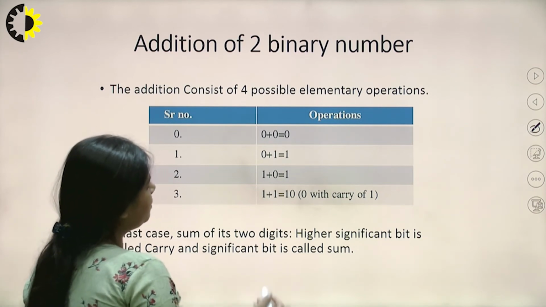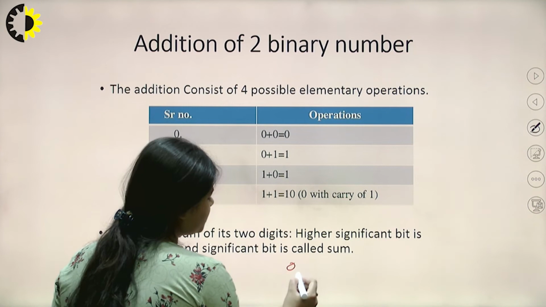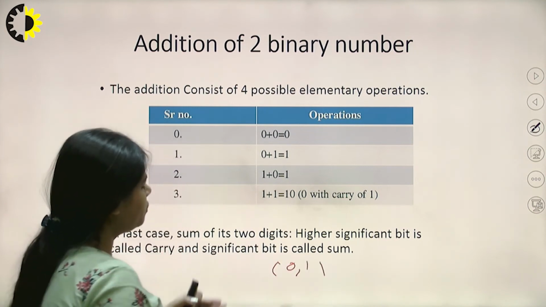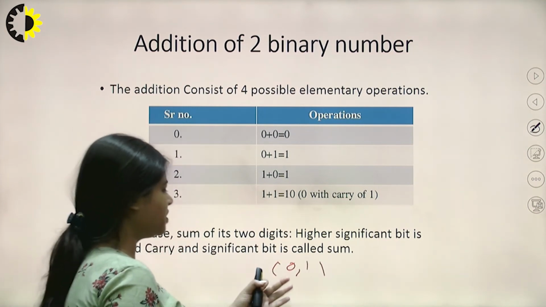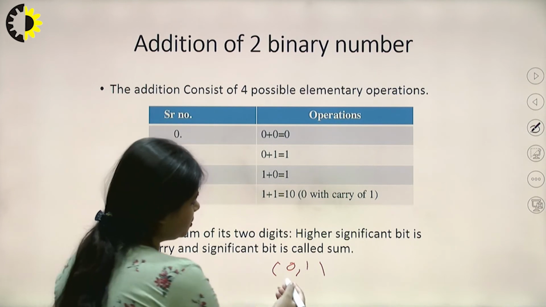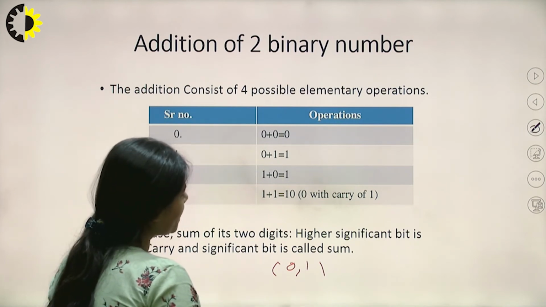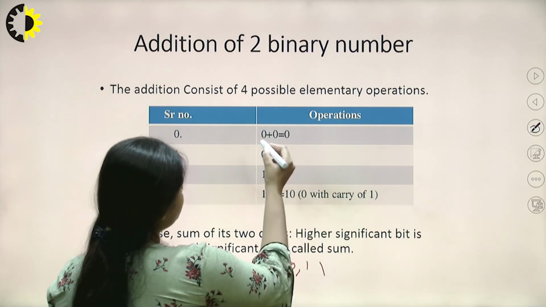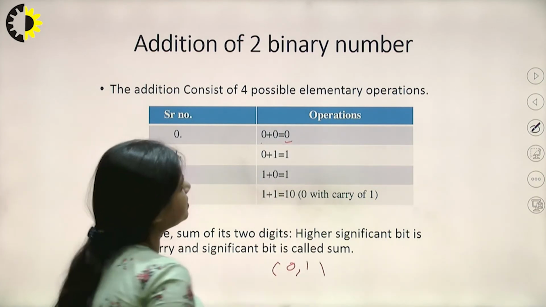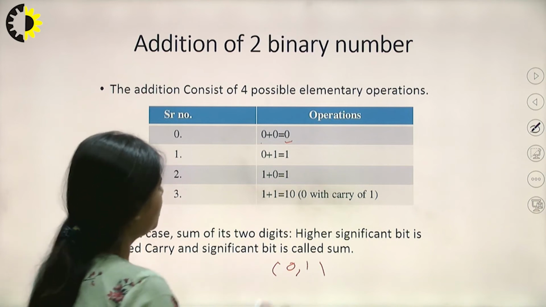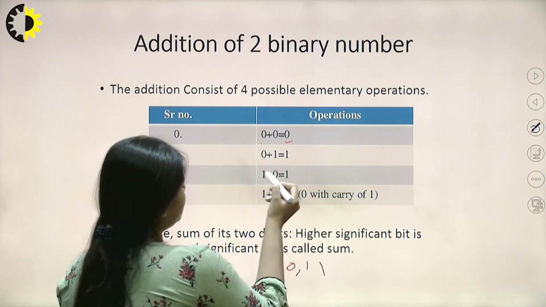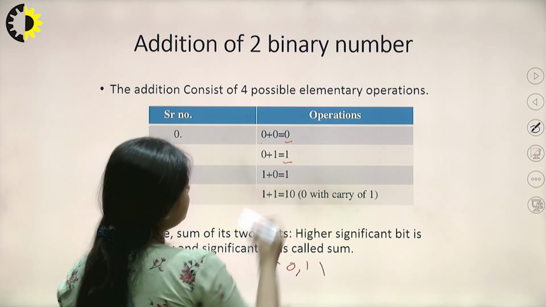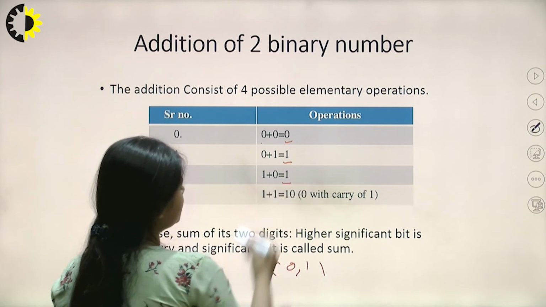We have seen that binary numbers are a combination of 0 and 1. So whenever we have any calculation, all calculation comes among 0 or 1. Now we are going to see what we get if we add 0 to 0: the sum is 0. Whenever we add 0 plus 1, we have our answer as 1. 1 plus 0, answer is 1.